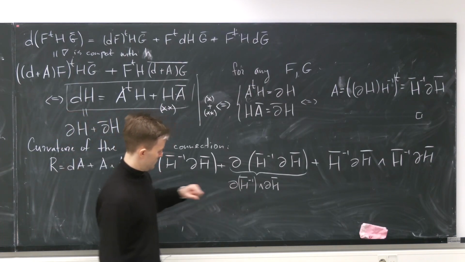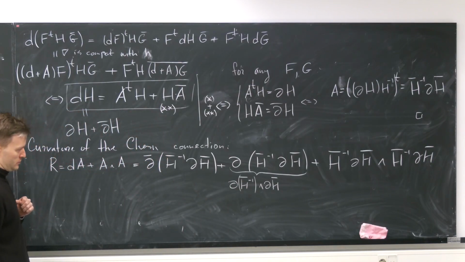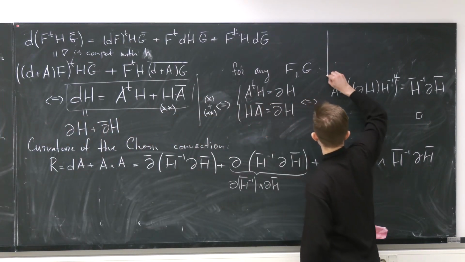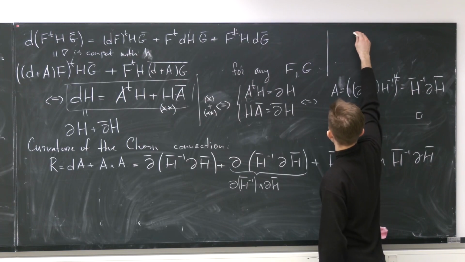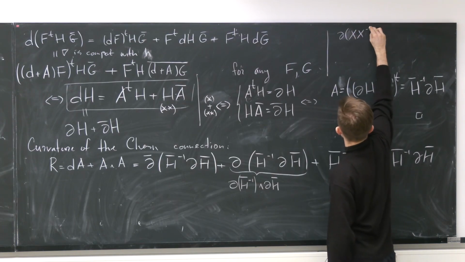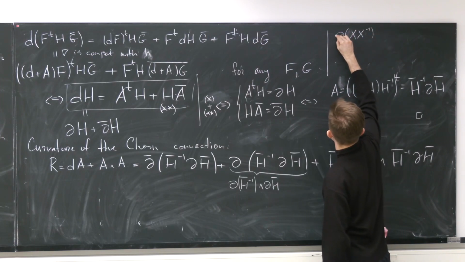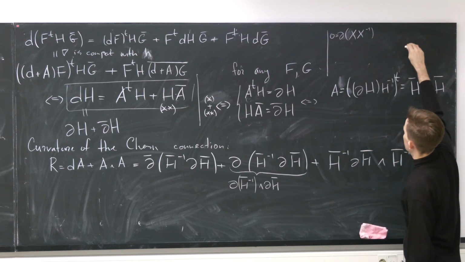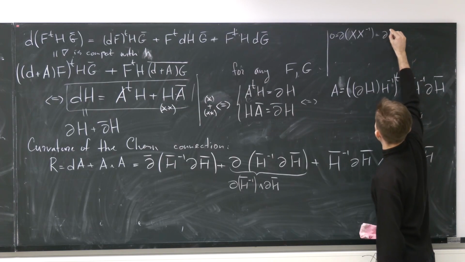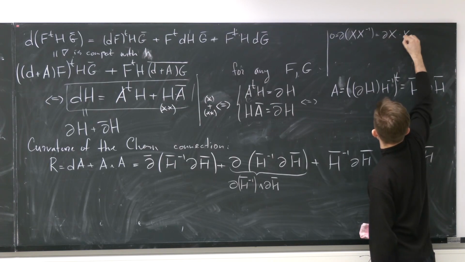So how to compute a differential of the inverse of a matrix, I recall this. If you have an inverse of some matrix, let's call it X, the differential is computed like this. We take X times X inverse and compute the differential of this expression.